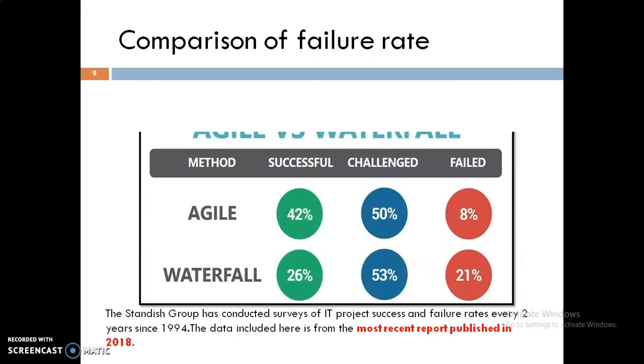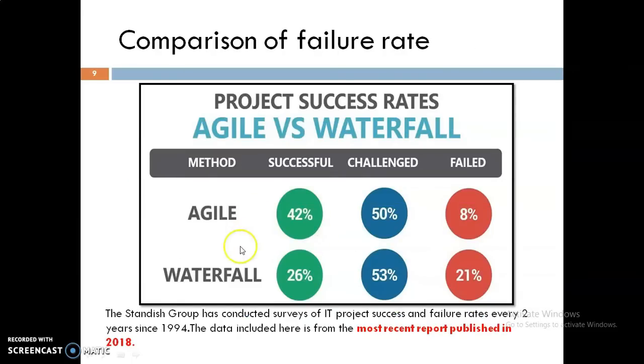Next, the comparison of the failure rate of agile and waterfall models. When we use agile software development, the success rate is 42%, but in the waterfall model there is 22 to 26% success rate. The challenged projects are 50% for agile and 53% for waterfall.